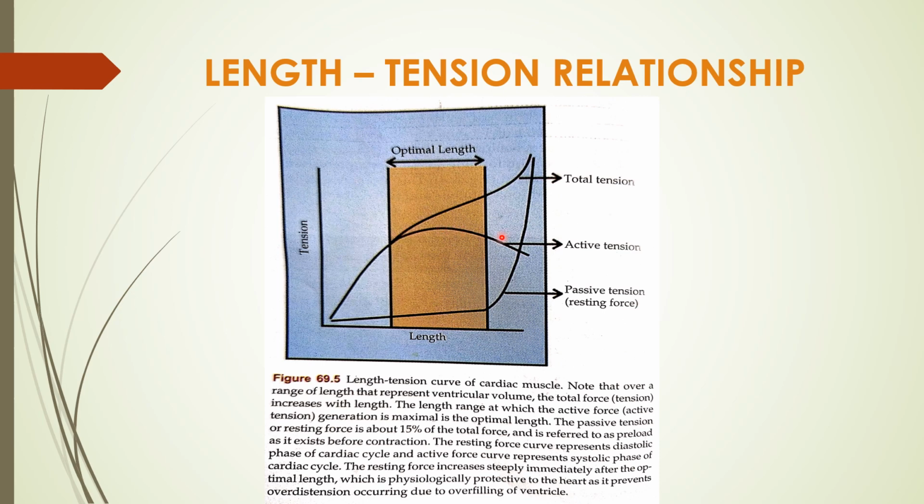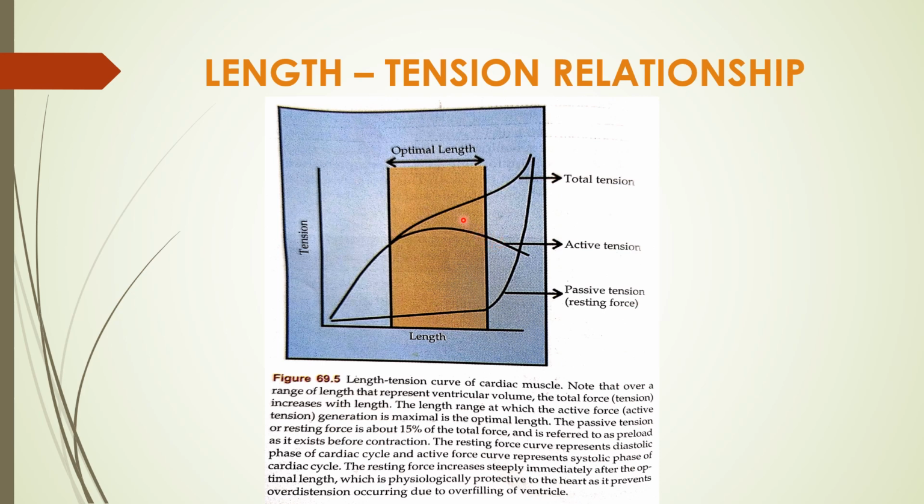The increase in length of the sarcomere increases the sensitivity of myofilaments to calcium, so the stretch of the myocardium increases the affinity of troponin C to calcium. When the sarcomeres are stretched beyond the optimal length, the force developed decreases due to decreased overlap and interaction between thick and thin filaments, which decreases cross bridge formation. So at optimal length, cross bridge formation is maximum and the tension developed is also maximum.